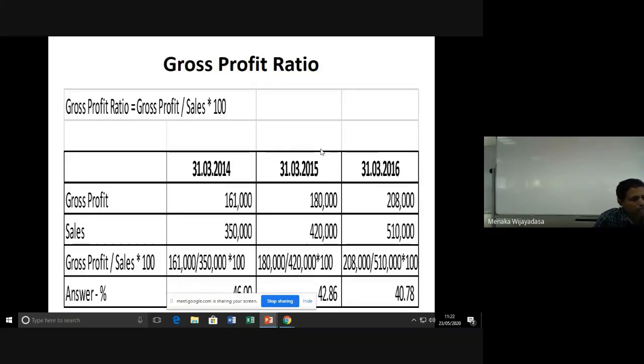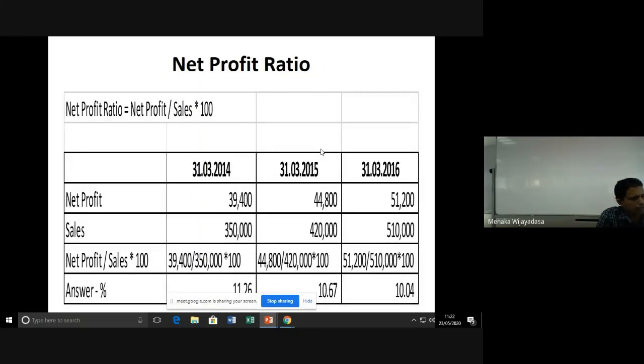Then, after that, we will summarize the ratios and make interpretations on this. The GP ratio is very easy to calculate and understand: gross profit divided by sales. No need to take averages, since all figures are from the same income statement.